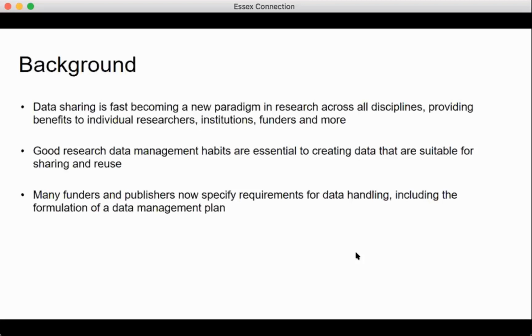The core message here is to think about data management throughout the whole life cycle of the research project, and write down a data management plan to enable you to keep track of your actions and your team's actions. Nowadays, many funders and publishers have specific requirements for data handling and require a data management plan, or DMP, included in the initial grant application to ensure that researchers have considered these aspects early on.